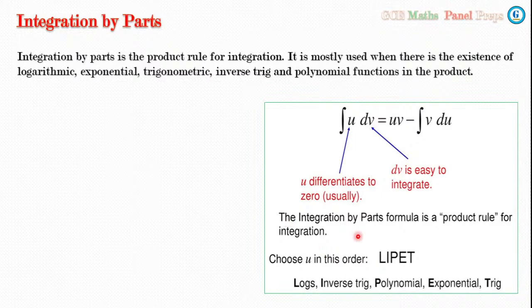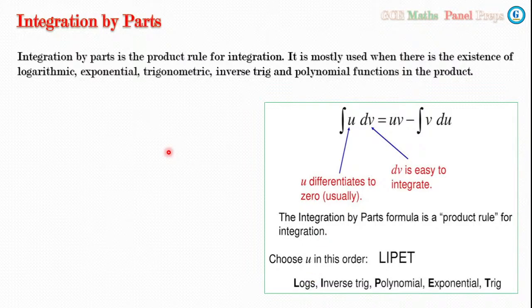The formula that I usually follow is the product rule for integration, and there is a way of choosing the u. The order of choosing the function u should be as follows: logarithmic, inverse trig, polynomial, exponential, and trigonometric. The mnemonic is LIPET, whatever you call it. So this is the order for choosing the u.